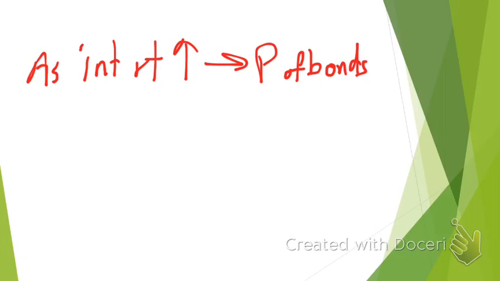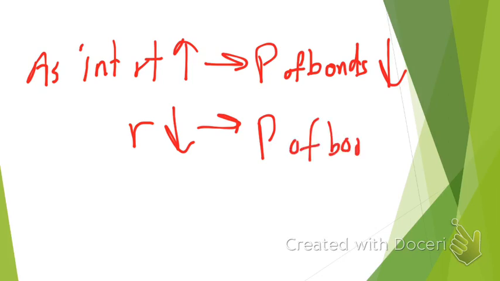Goes down. They're inverse. Price of bonds goes down. As R goes down, price of bonds goes up. All right? Just make sure you know that's an inverse relationship. Okay, any questions?